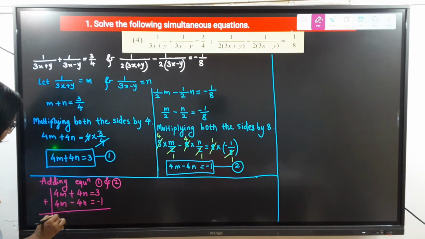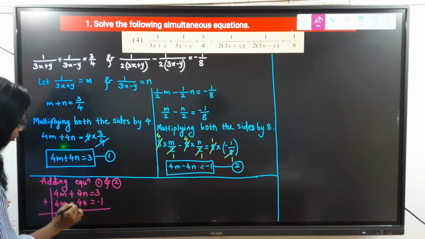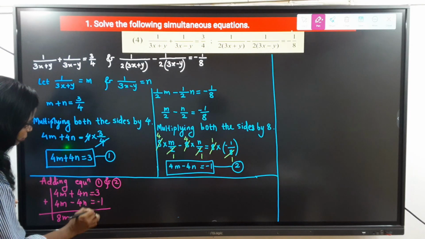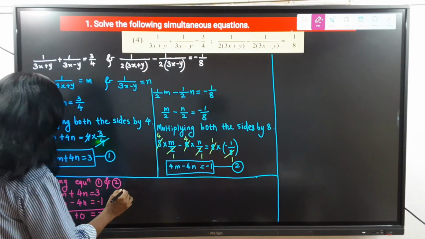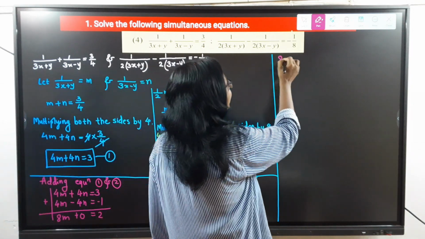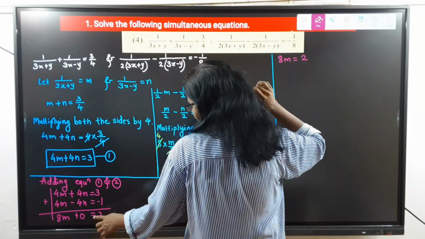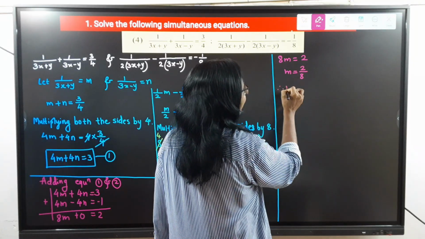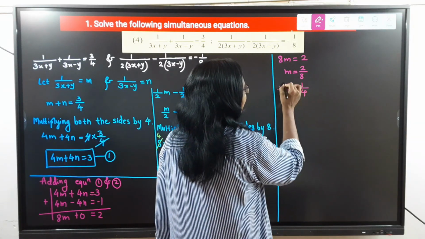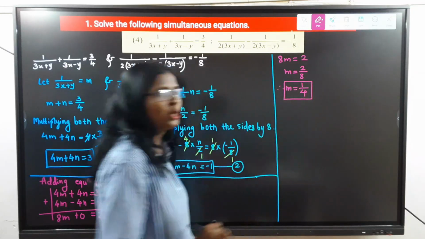So 4m plus 4m is 8m, plus 4n minus 4n is 0, is equal to 3 minus 1, 2. So 8m is equal to 2, m is equal to 2 upon 8. Therefore m is equal to 1 upon 4.